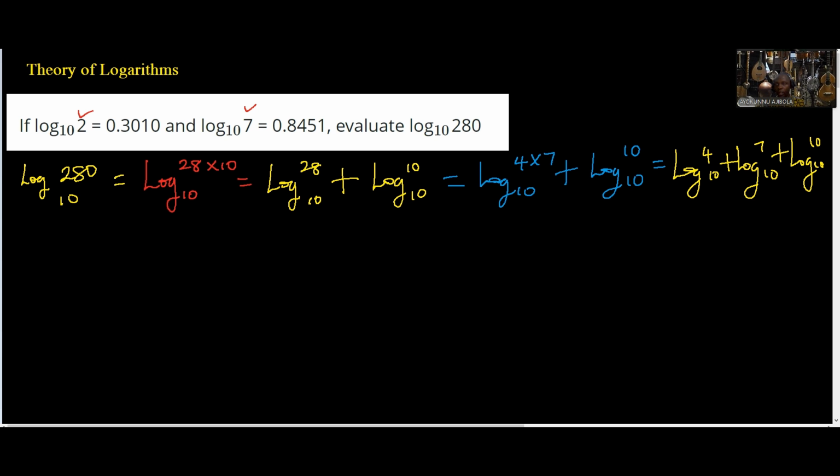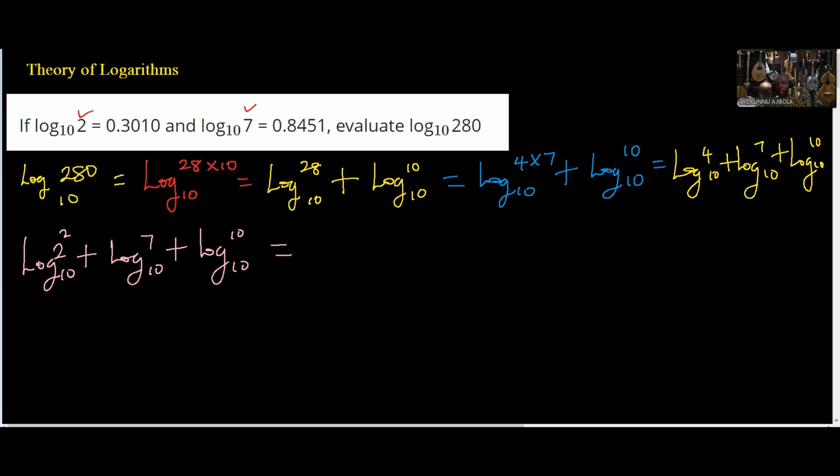With this, we move to the next line and say when we have log 4 base 10, we can raise 2 to power 2 to give us 4. So log of 2 raised to power 2 base 10 plus log 7 base 10, then plus log 10 base 10.